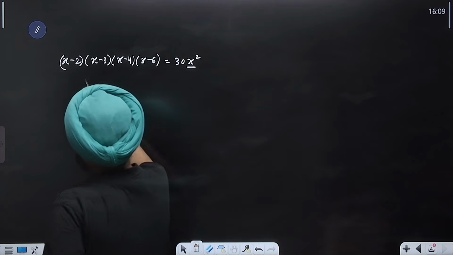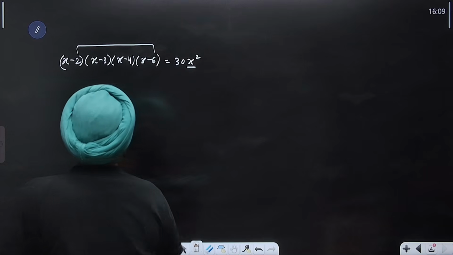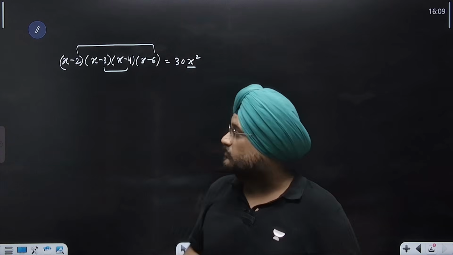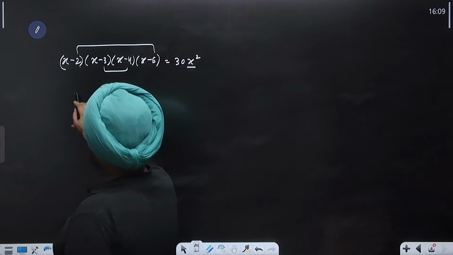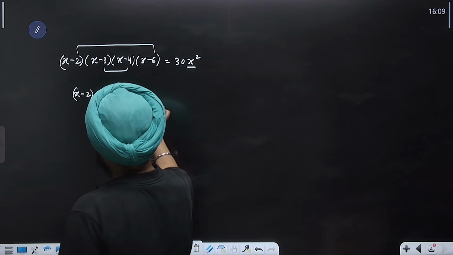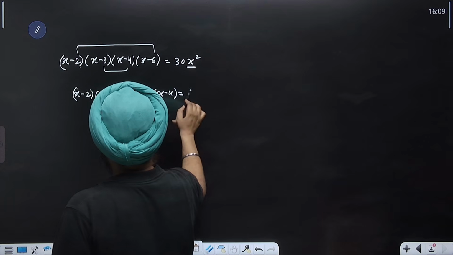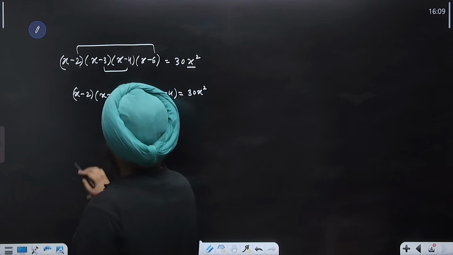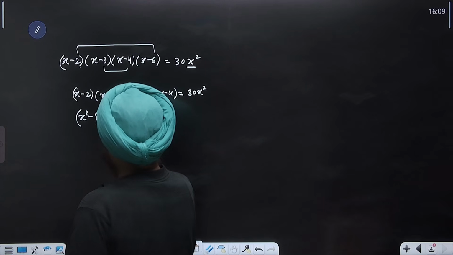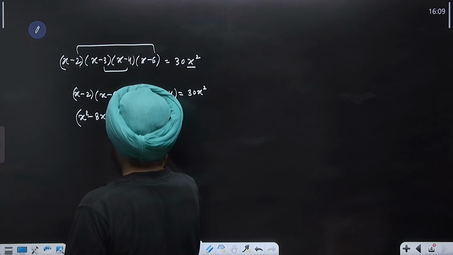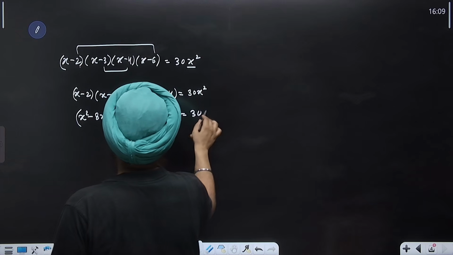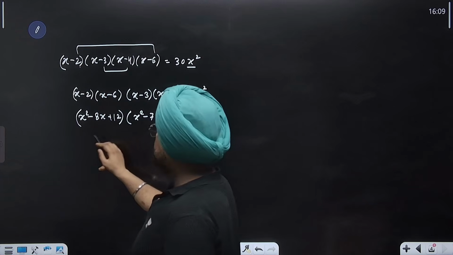So we can see that the product of 2 and 6 is 12, and the product of 3 and 4 is also 12. So what we will do, we will multiply these two terms. And also we will divide the equation by x square.